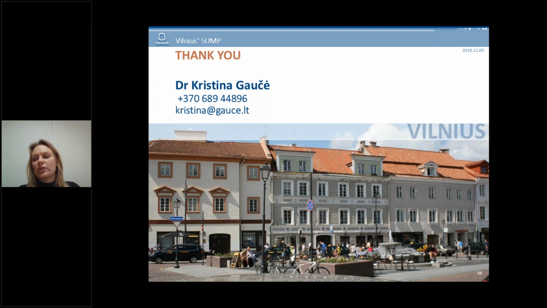But this group was working on vision mainly. After it got to the contracting of planners and the preparation process, this group was not really needed that much, because when actual work started, we continued working with planners and different stakeholders. So this steering committee participated in the vision setting process.